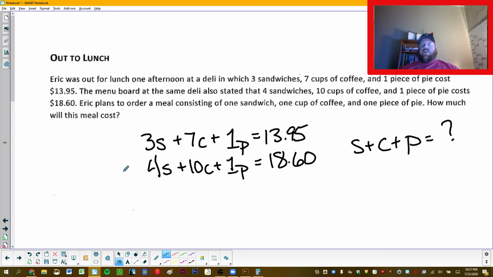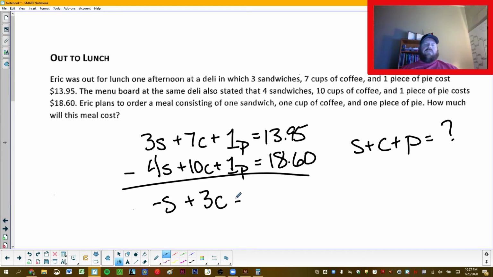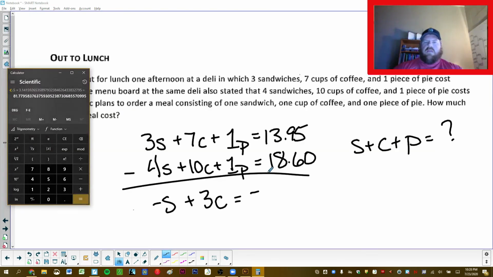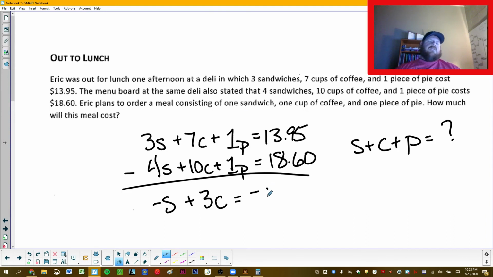So we're going to start off by subtracting these 2, because I know that if I subtract them, I get rid of my pieces of pie. But some more stuff happens. I get, weirdly, -1 sandwich plus 3 cups of coffee is equal to negative, what is that? 13.95 minus 18.6 is negative 4.65.